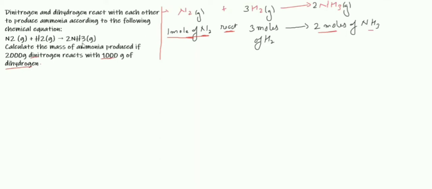Now coming to the question, we need to calculate the mass of ammonia produced when 2000 grams of nitrogen is used. We have been provided the weight of nitrogen in grams, and we are not given the amount in moles. So what we can do is convert this into moles.